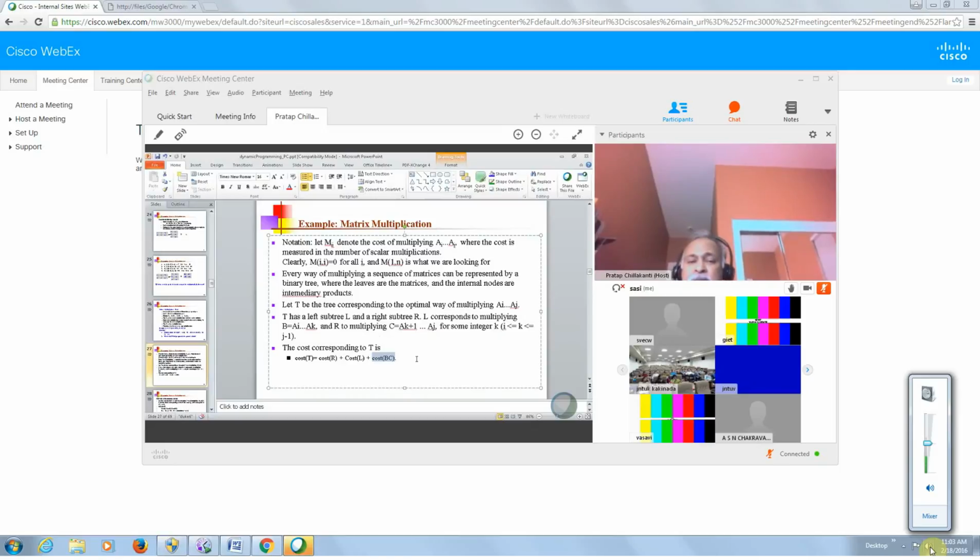So technically, actually here, maybe if I make this one cost of B and cost of C, I don't know if that would make it readable or not for you. But if that is more readable for you, you can leave it as B and C. The reason why, at least at this point here, we say L and R is to denote the fact that it is left subtree and right subtree.